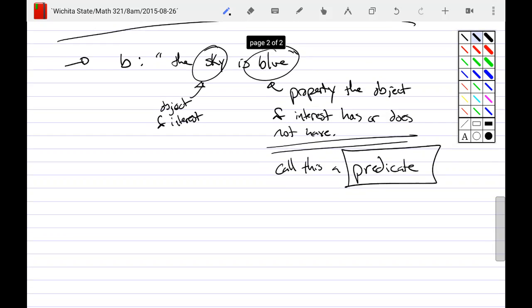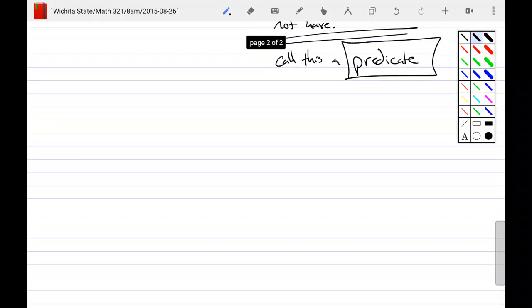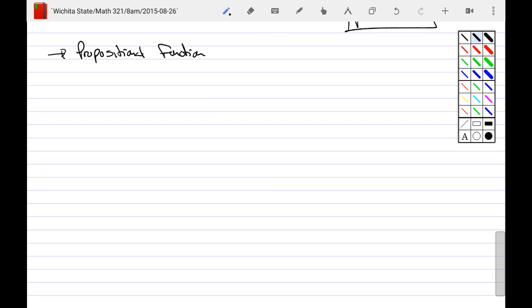And then what I can do is take a proposition like this and turn it into what's called a propositional function. A function is a rule that takes things out of a domain.